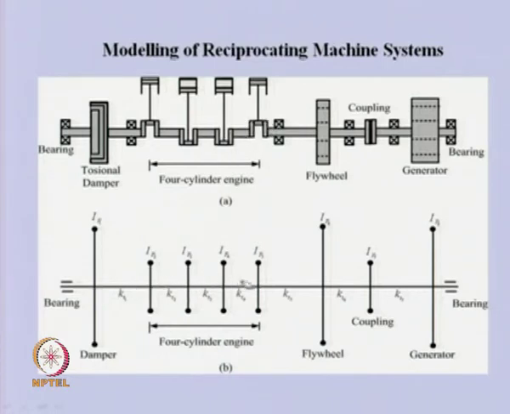Once we obtain this kind of equivalent revolving system, we already know the transfer matrix method will be helpful for analyzing such a system, or in subsequent lectures we will be dealing with the finite element method that can be used.